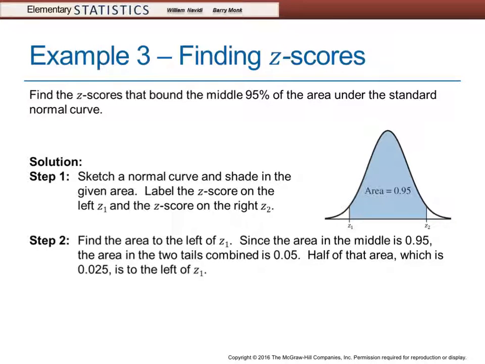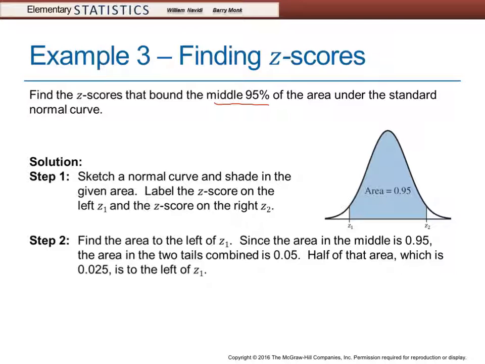So if you recall, sometimes we want to find the z-score values under the empirical rule, where the middle portion is 95%.